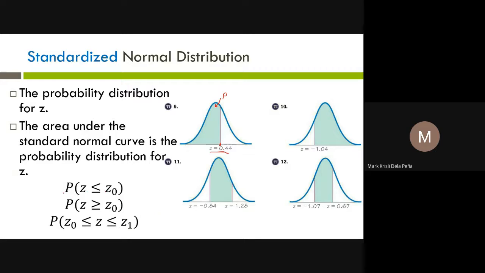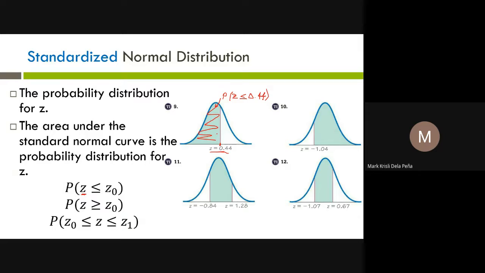For example, the probability of z less than or greater than z sub 0. So we will denote this area here to be the probability of z less than or greater than z sub 0, for this case 0.44. So we'll have to refer to the area here.